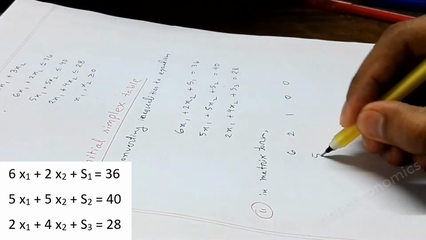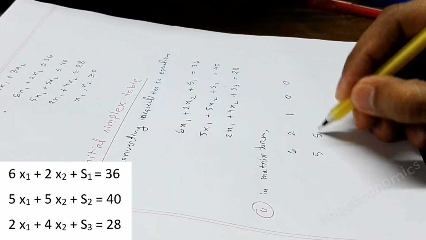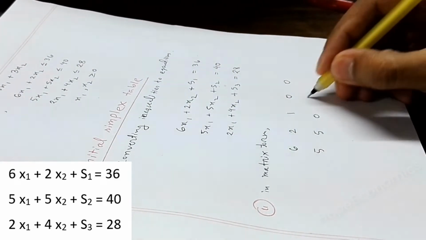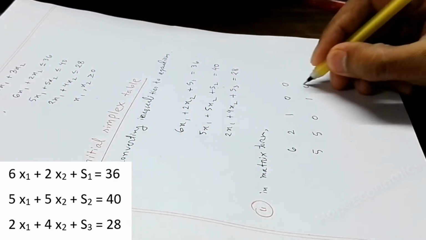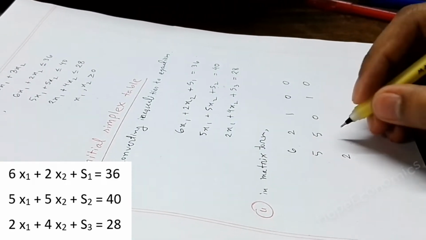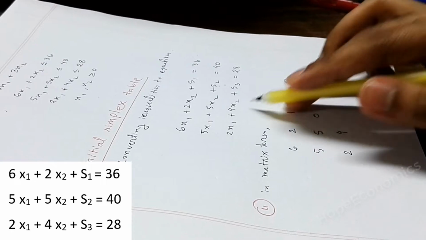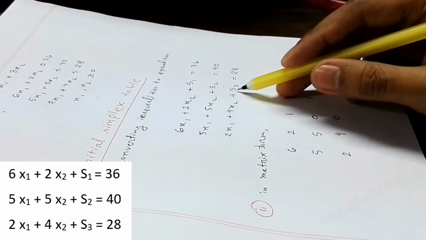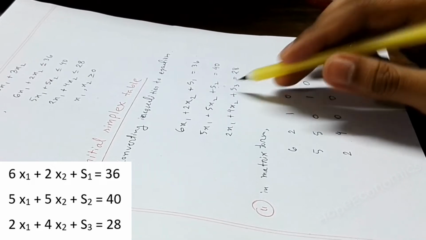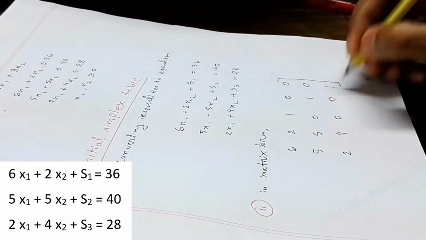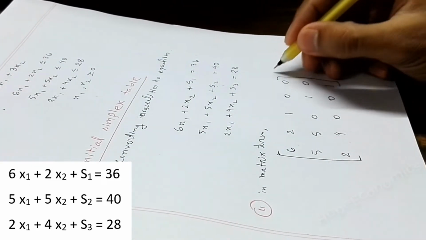For the second one, 5, and no s1, so it's 0, s2 is 1, no s3, so 0. In the case of the third one, it's 2 for x1, 4 for x2, and no s1, so 0, no s2 also, so it's 0, and s3 is 1.